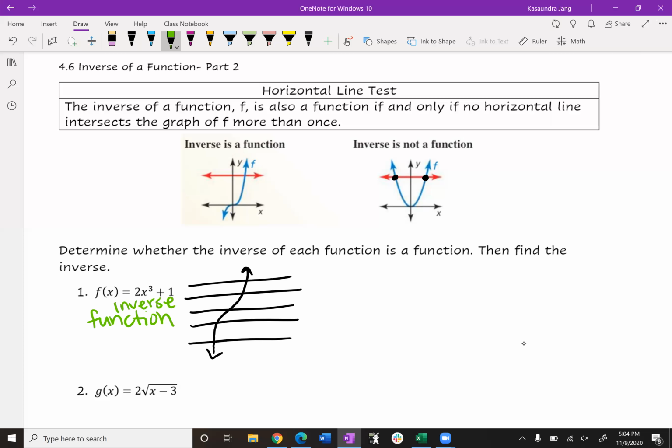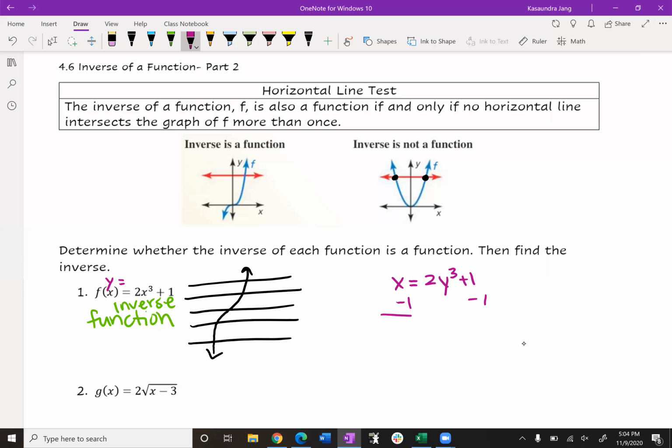All right, so let's find the inverse. To find the inverse, I swap my x and y. I'm going to treat this like it says y equals instead of f of x equals, and I'm going to swap the x and y to where it now says x equals 2 times y cubed plus 1, and this should look pretty familiar to what we did yesterday. I'm then going to solve for the y.